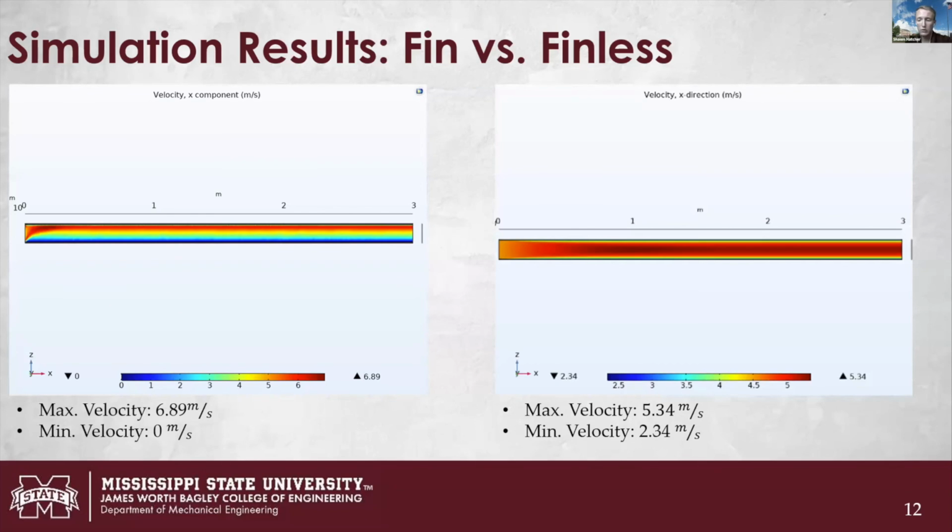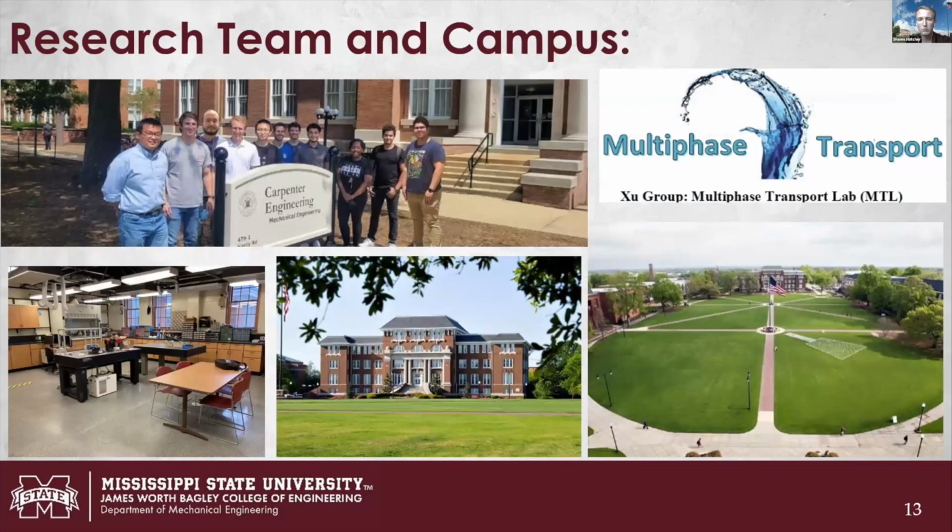But nonetheless, my time with the research for the I4G for the I-Dream4D consortium was a lot of fun. I had a great time. Here are some pictures from my campus, Mississippi State University. The picture in the upper left is our research team here on campus. We are the multi-phase transport lab. We are actually in SWAM, which is the picture in the bottom middle.